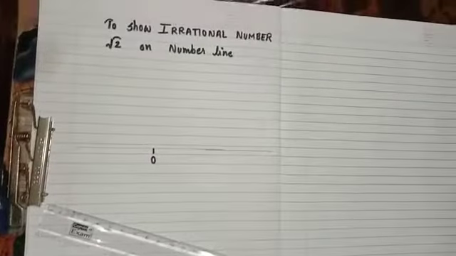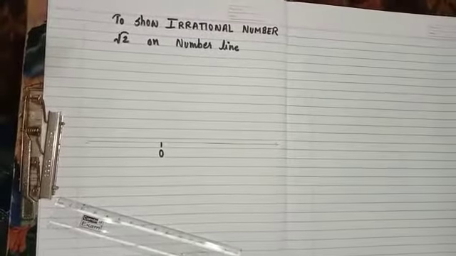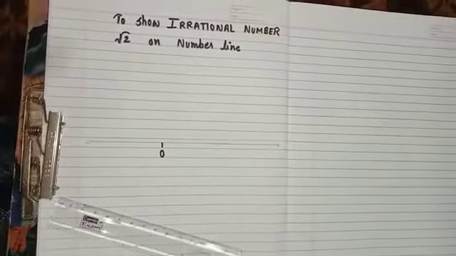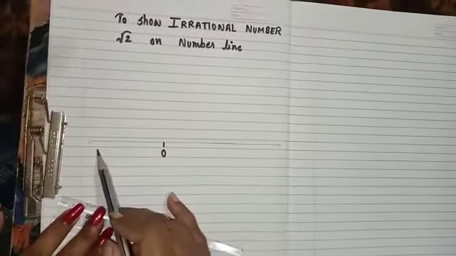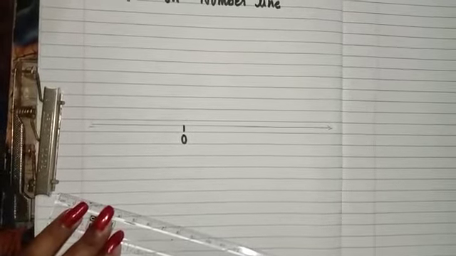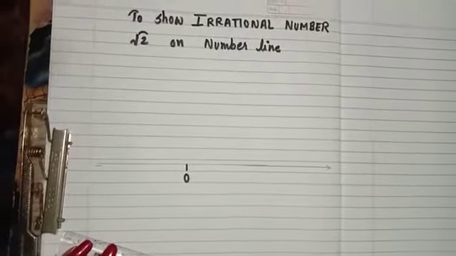As you know, this side all negative numbers are there and this side all positive numbers are there. Suppose 0 is there, then 1 is there, then after 1, 2 is there. So these are all consecutive numbers.